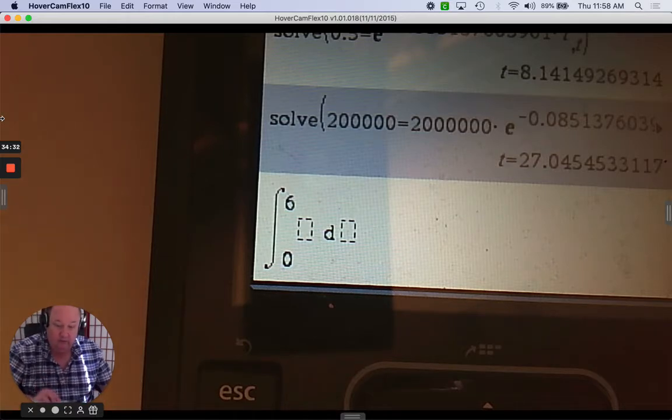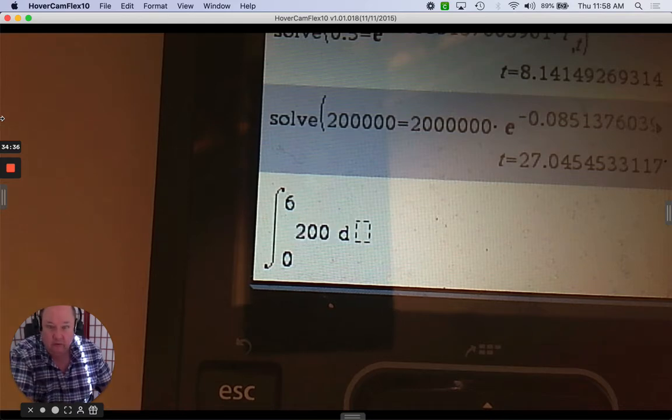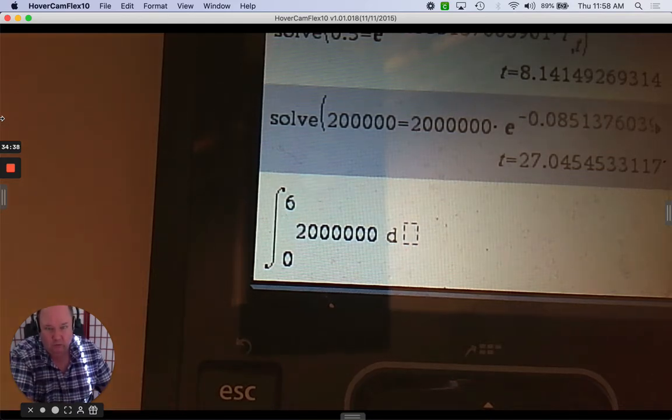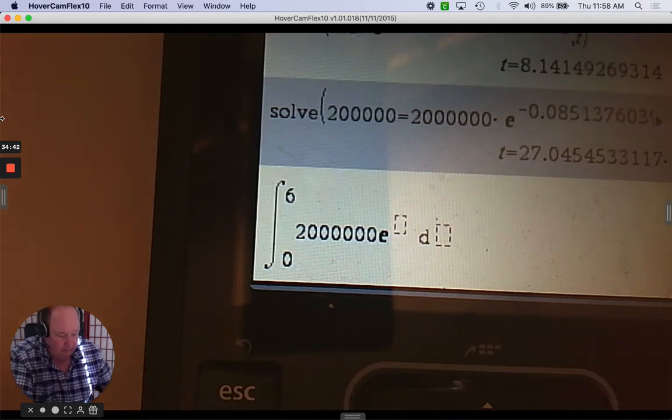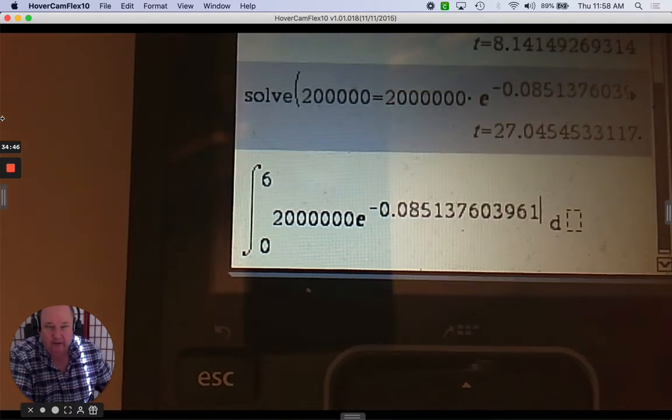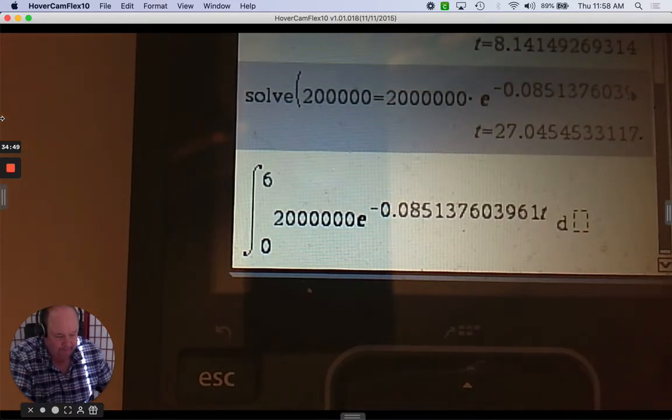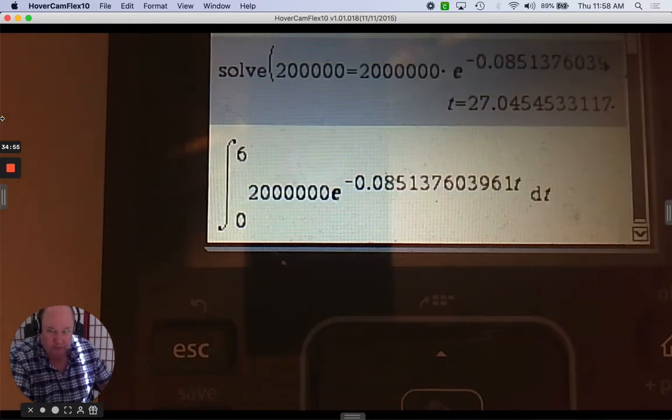Remember, we go Control V. It's already in there, right? That's the rate, and then we're integrating with respect to t.